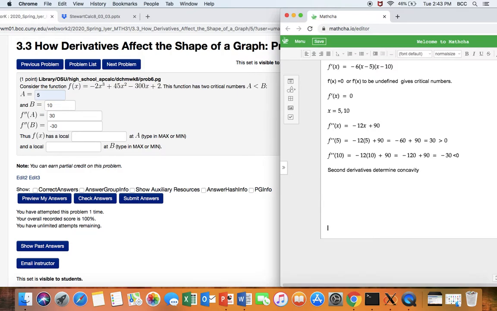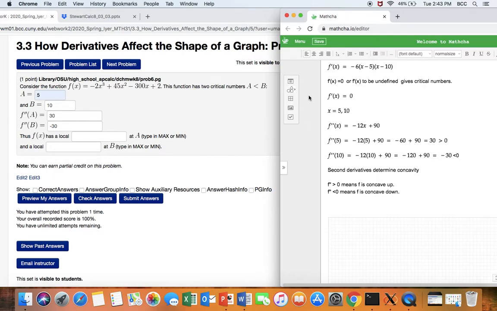So f double prime greater than 0 means f is concave up. f double prime less than 0 means f is concave down. That's all. That's the important part.